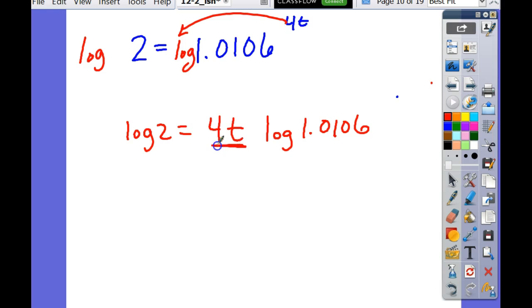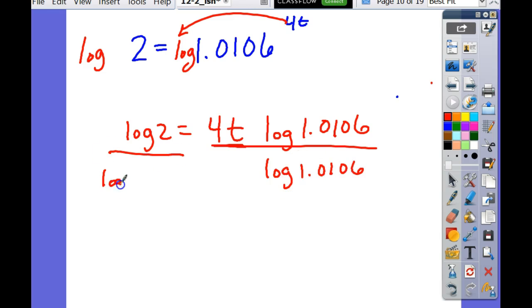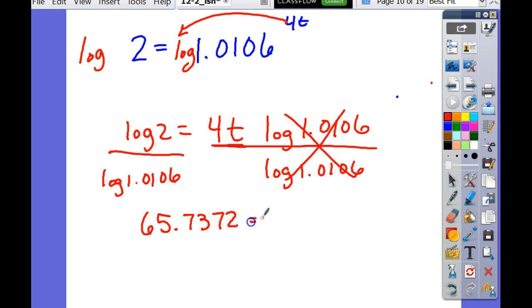I'm solving for the t, so I am going to divide both sides by the log of 1.0106 to cancel that out. So I am getting my calculator, log of 2 divided by log of 1.0106, 65.7372 is equal to 4t.